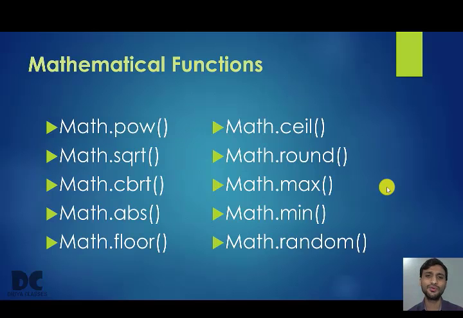But in our syllabus, we have these 10 mathematical functions: Math.pow, Math.sqrt, Math.cbrt, Math.abs, Math.floor, Math.ceil, Math.round, Math.max, Math.min and Math.random. Total 10. There are many more, but as per syllabus we have just these 10, and we'll be studying them in detail one by one.